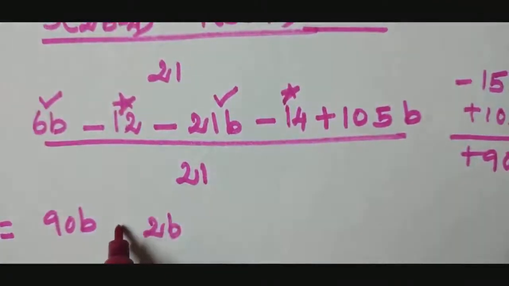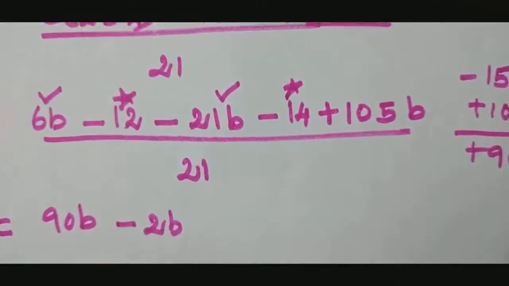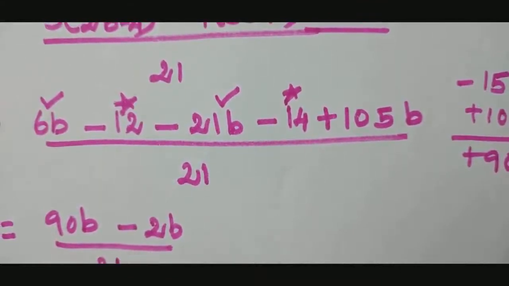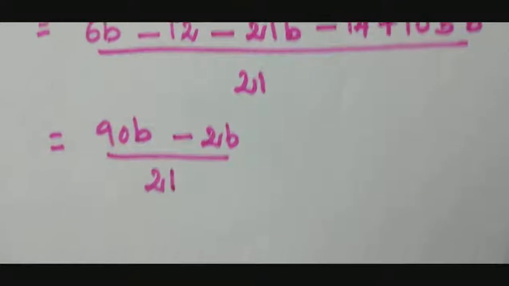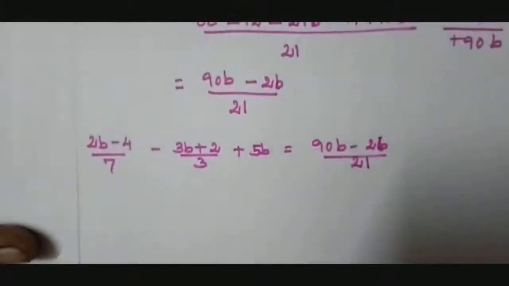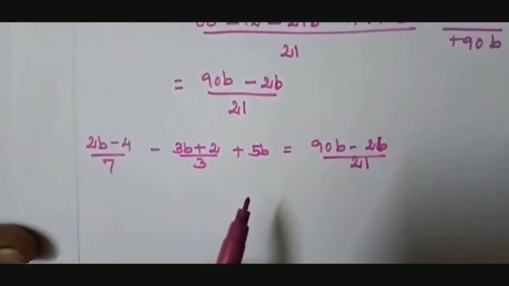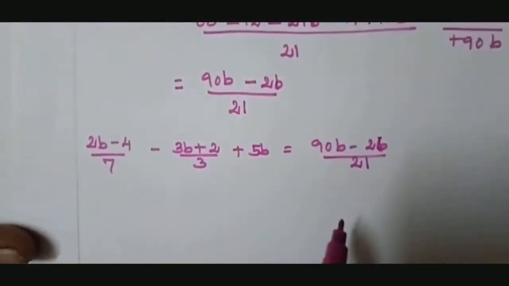Here the sign is negative, so you can write it as minus 26 divided by 21. So your answer is (2b − 4)/7 − (3b + 2)/3 + 5b is equal to (90b − 26)/21. Is it clear, children? Yes. Thank you.